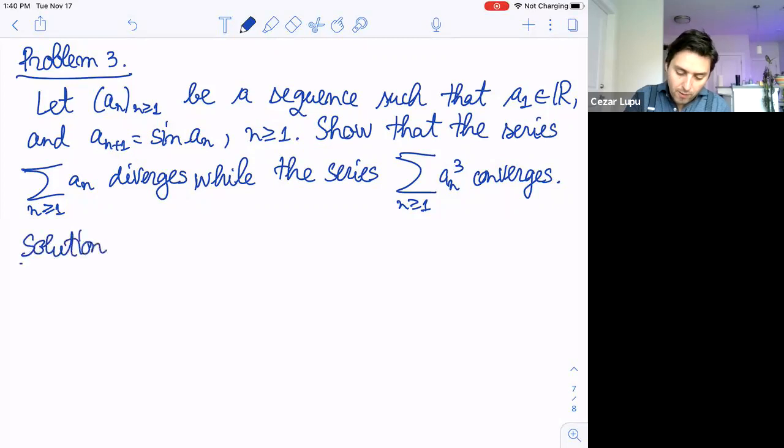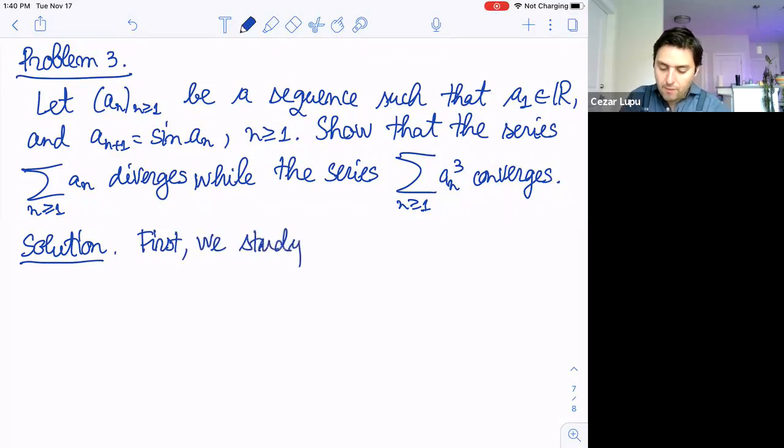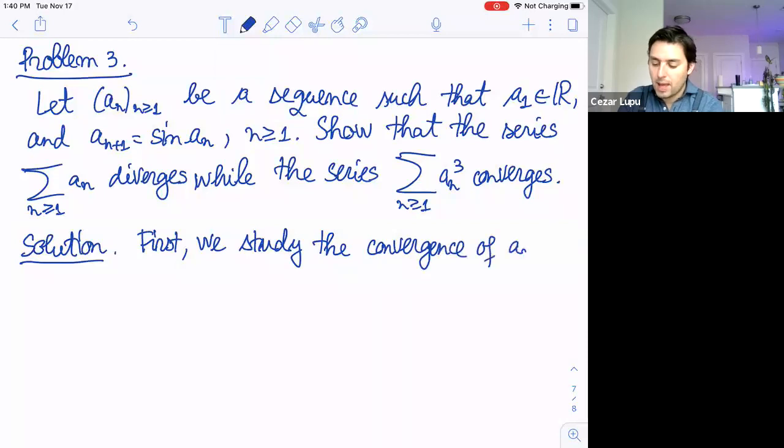So first, we study the convergence of an. That's the first thing that we do. You see we have a recursion there, so maybe we can do that. All right, let's see.